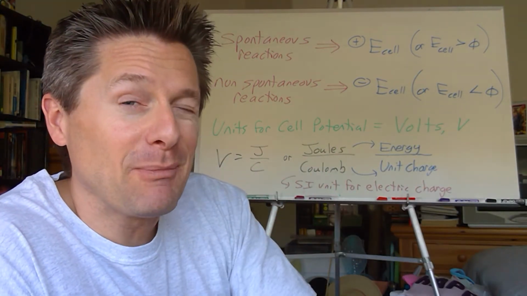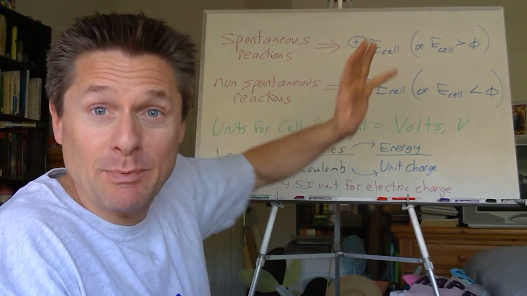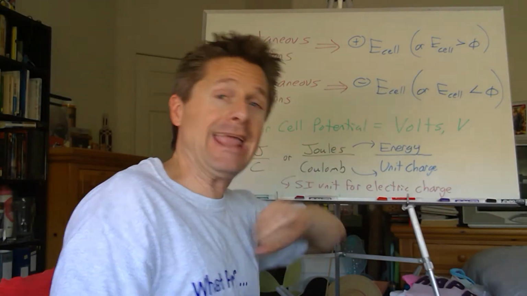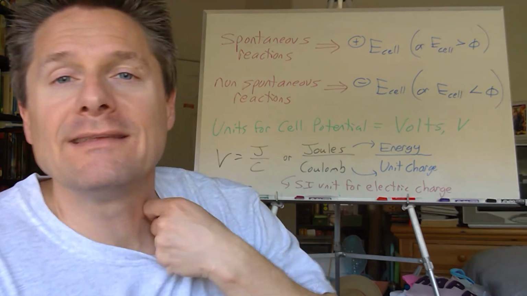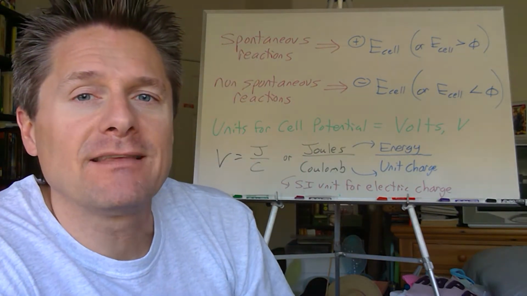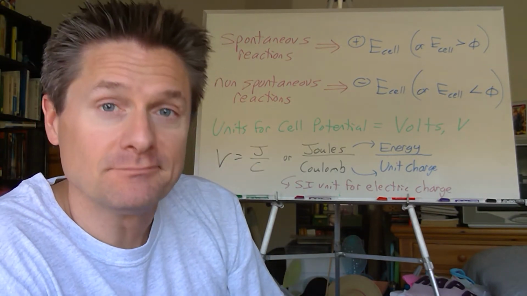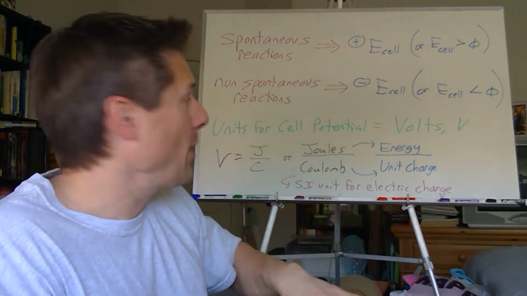You're going to see these end up in the same equation later, I guarantee it. So a non-spontaneous process would have a negative E cell, or an E cell less than 0. If I had switched those leads on that galvanic cell, you would have had the same number, but it would have been negative. It's just the opposite process.